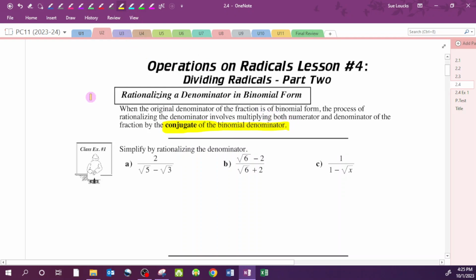I'll just remind you that the conjugate means that you change the sign between the two terms. And that makes it a difference of squares.